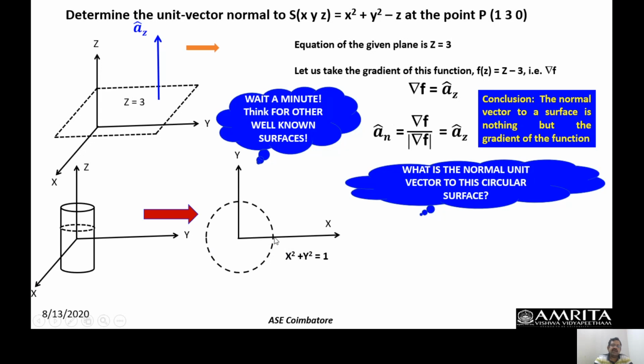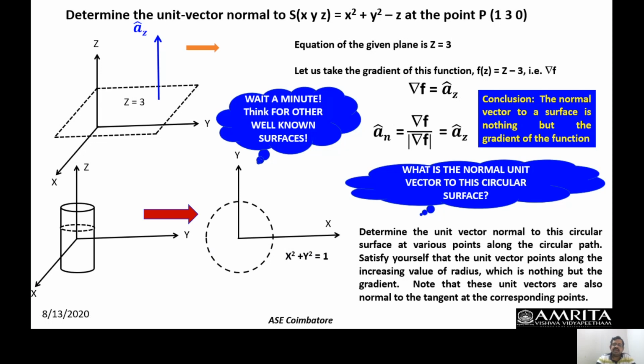But if I use the cylindrical coordinate system, rho, phi, z, you will be amazed to see that the problem is much simplified. At every point on this surface, this function increases rapidly only along the radial direction, and that represents the gradient of this function.